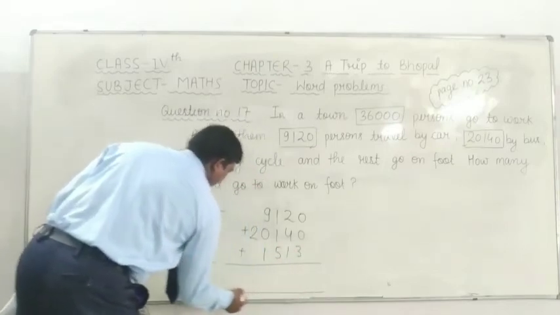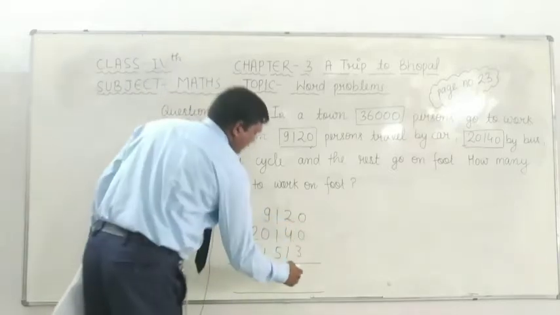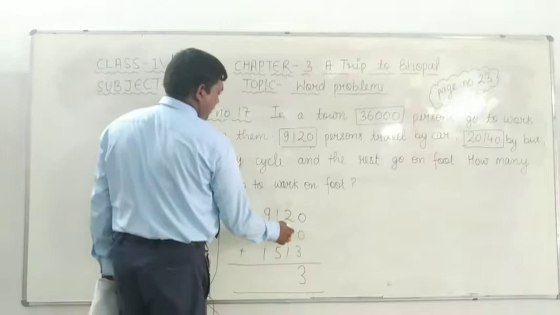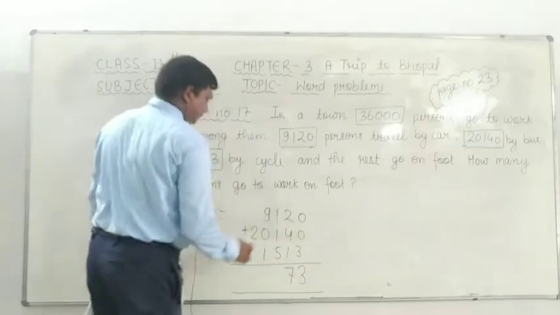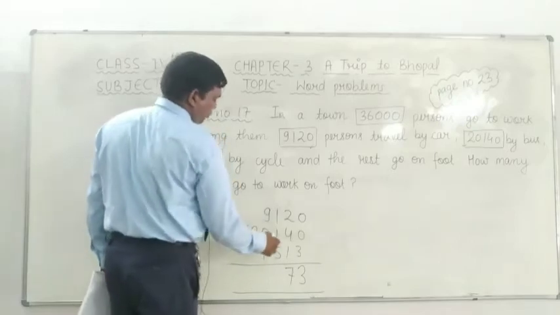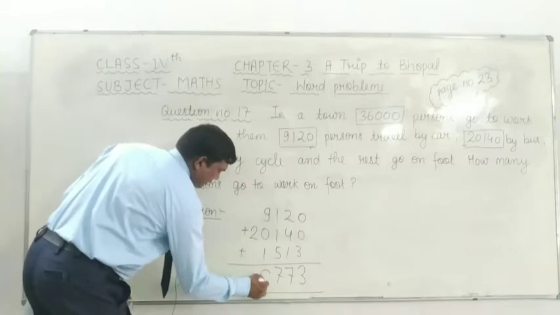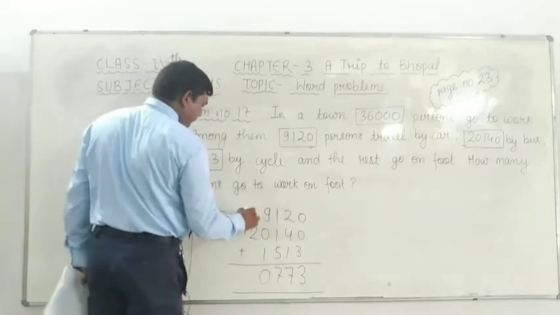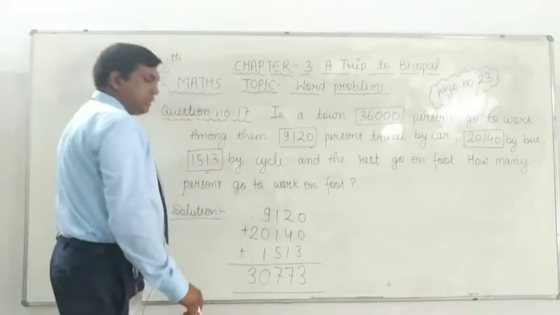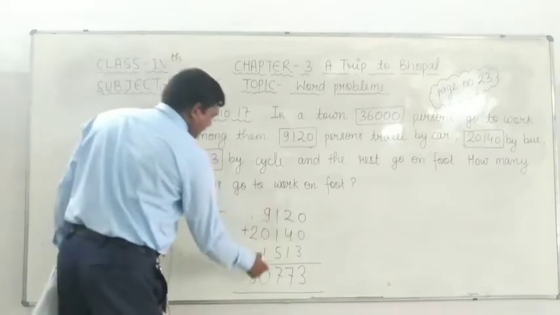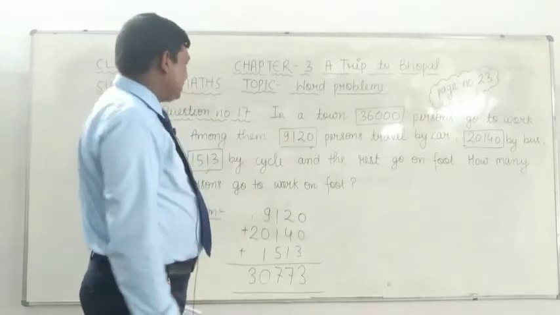Look, 0 plus 0 is 0, 0 plus 3 is 3, 2 plus 4 is 6, 6 plus 1 is 7, 1 plus 1 is 2, 2 plus 5 is 7, 9 plus 1 is 10, so write 0 and carry 1, and 2 plus 1 is 3. After adding these we get 30,773.